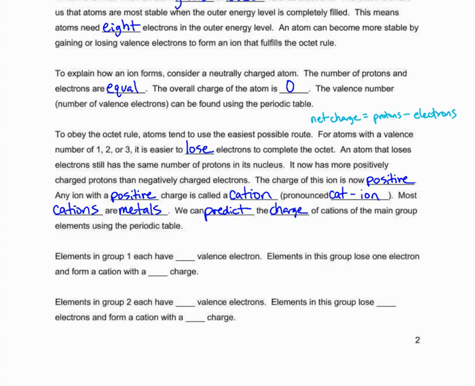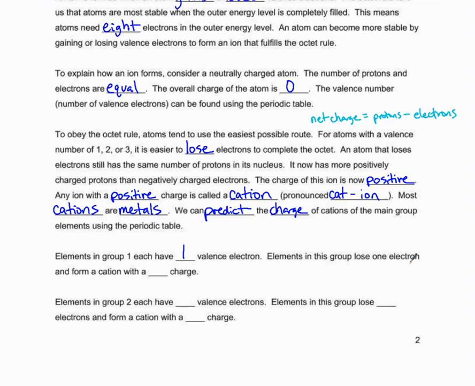So elements in group 1. This is something that came up in Unit 3 and Unit 4. Elements in group 1 have 1 valence electron. And this is true for all of the group 1 elements. Elements in this group end up losing 1 electron.